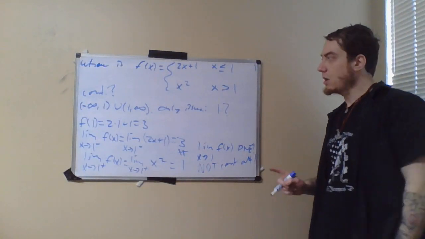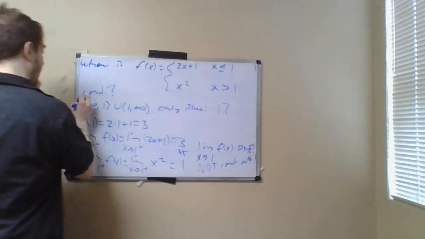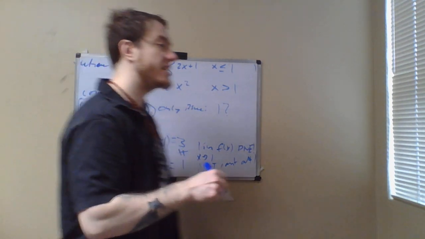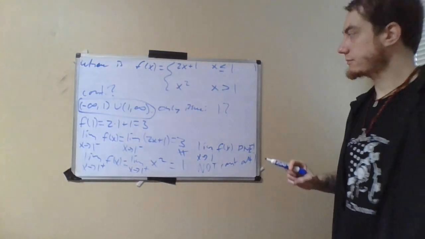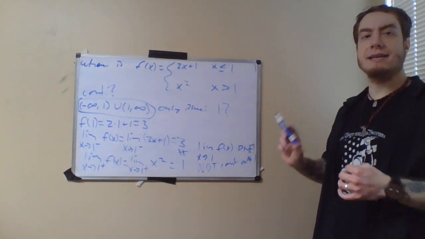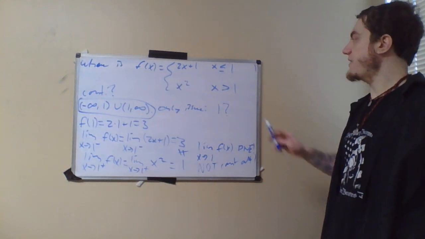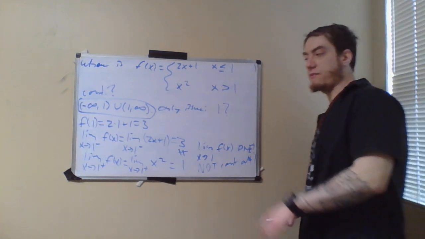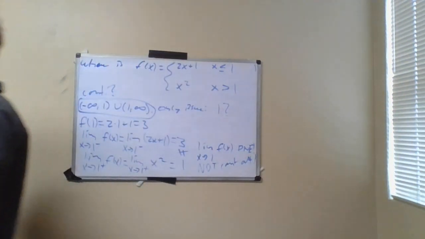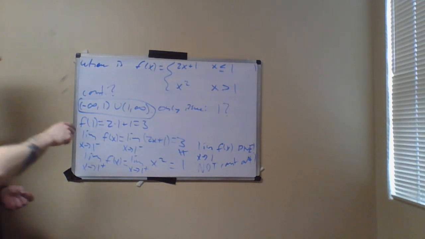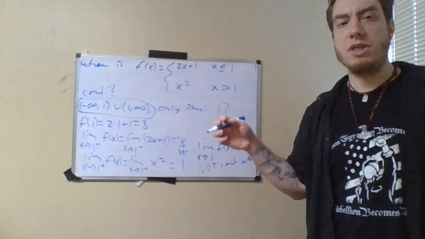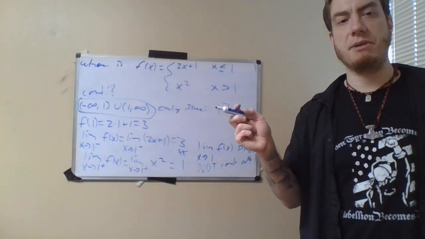Okay, so what we've shown then is that it is only continuous on this part of its domain. And what this really is encapsulating is the fact that we have a jump at this point. If you think intuitively of what continuous means, you would think continuous means something like we can draw it without ever lifting our pen off the paper.